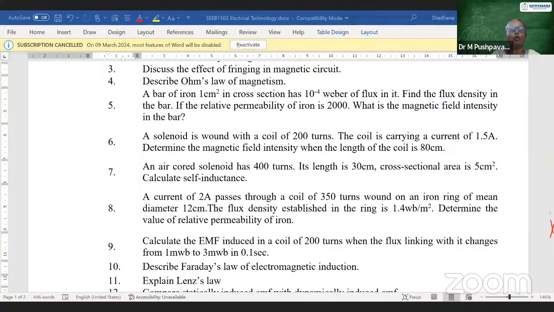A current of 2 ampere passes through a coil of 350 turns wound on an iron ring of mean diameter 12 centimeter. The flux density established in the ring is 1.4 Weber per meter square. Determine the relative permeability of the material.